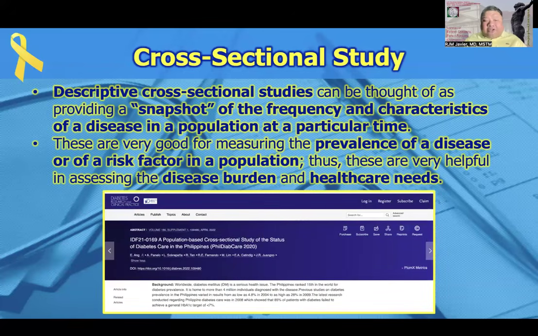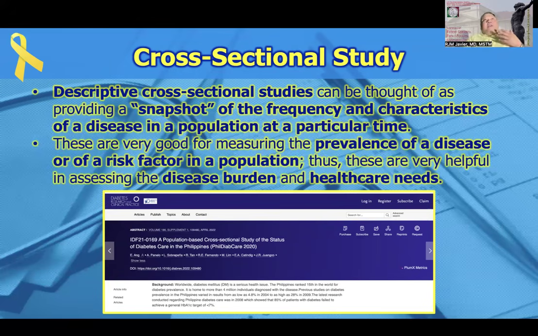For example, if you do a simple survey, let's say this one, a population-based cross-sectional study on the status of diabetes care in the Philippines. This was published in 2020. It is merely a descriptive survey. So one of our co-authors is our department chair, Dr. Wangpa. So you can see this has been published in an international publication as well.